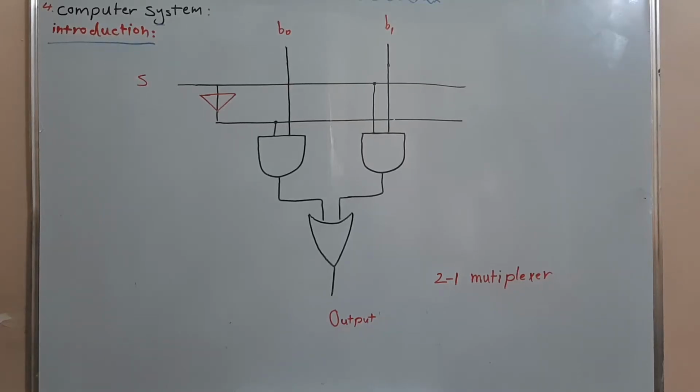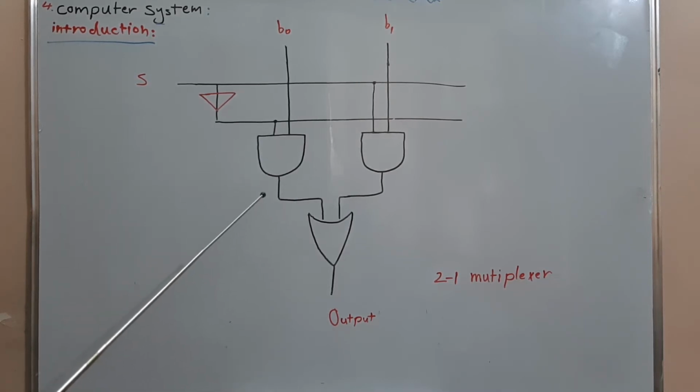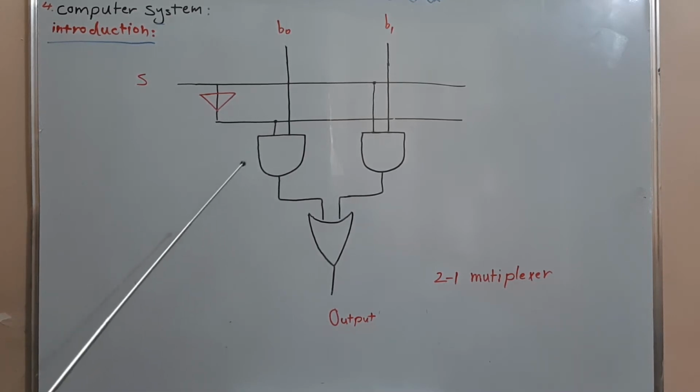Now, the second basic circuit required to build the computer system is called the multiplexer. And here is an example of the multiplexer, which is called a 2-to-1 multiplexer. It's basically composed of 2 AND gates, 1 inverter, and 1 OR gate, and they are all bound to each other in the manner shown in this diagram.